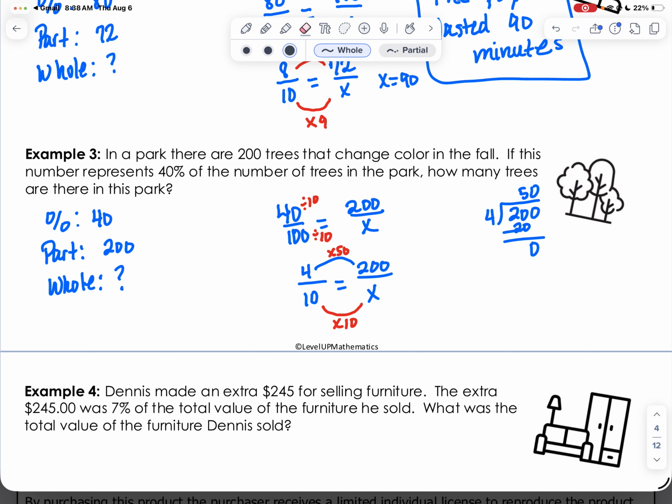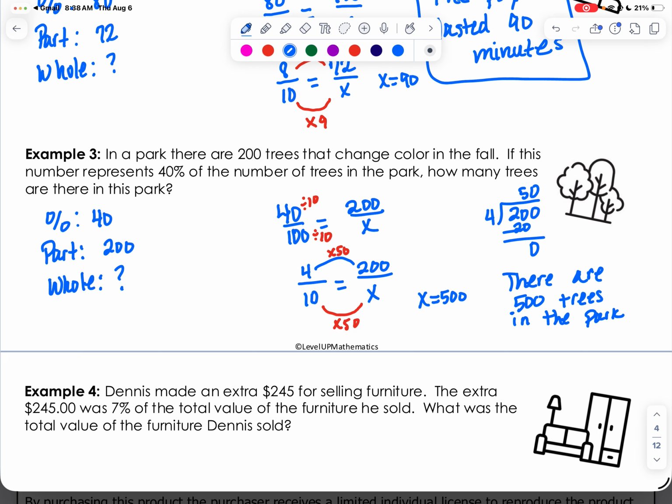Whoops, I didn't mean to write times 10. I mean to write times 50. And 10 times 50 would be 500. So there are 500 trees in the park.